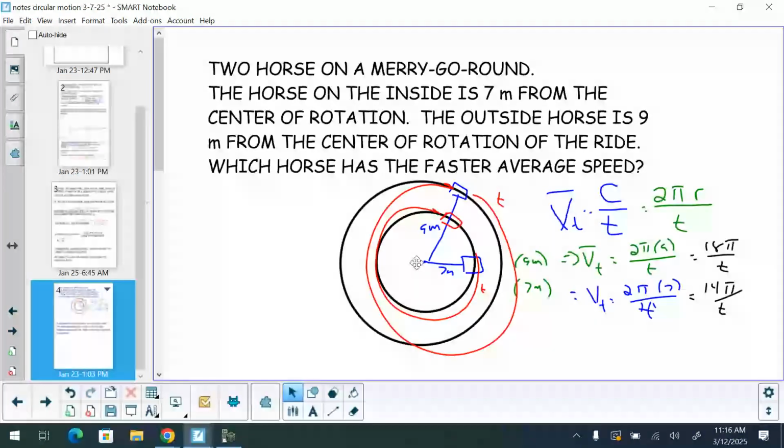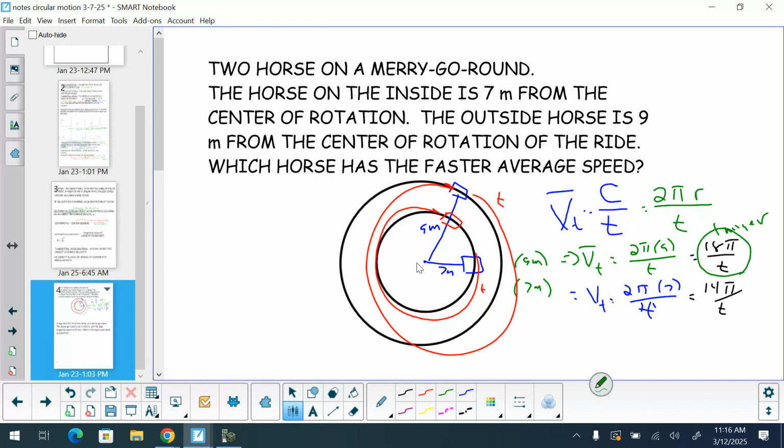Which one has a larger tangential velocity? The 9 meter one. This one is larger, because the time's going to be the same. So you might think, they're not actual horses, they are fixed horses that are moving up and down.